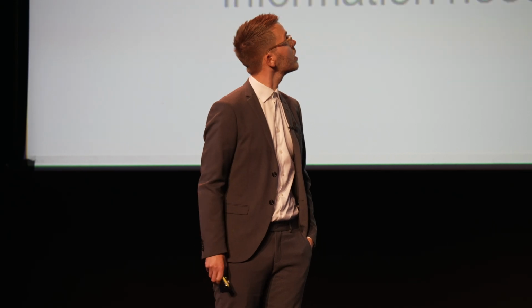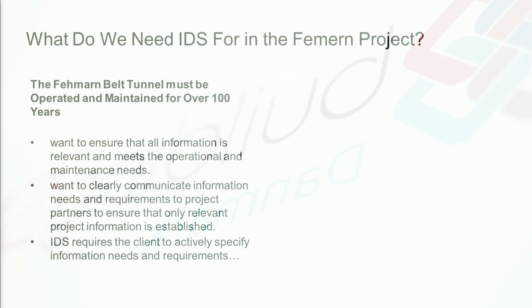So for the Fehmarn project, it's important to ensure that every contractor understands the information requirements, and they want to have the opportunity to validate the information delivery in a good way, so they can make sure that the information is ready for operation and maintenance.